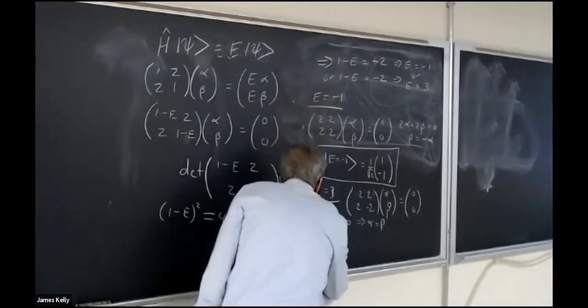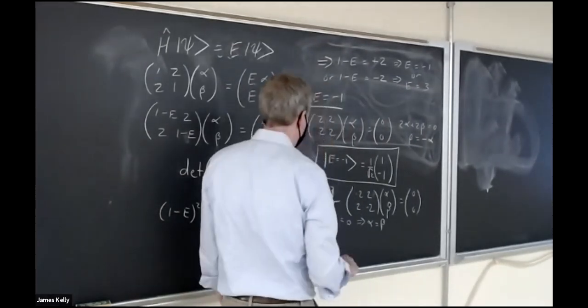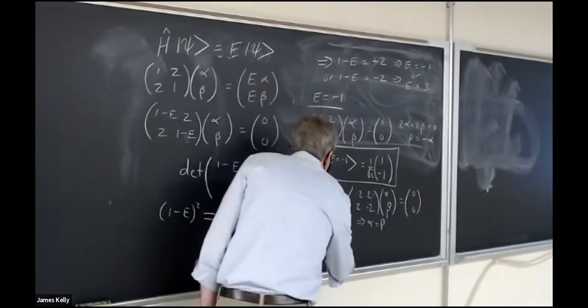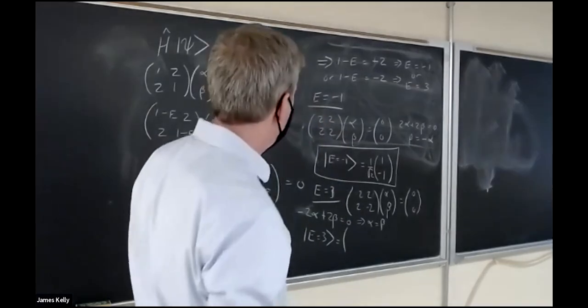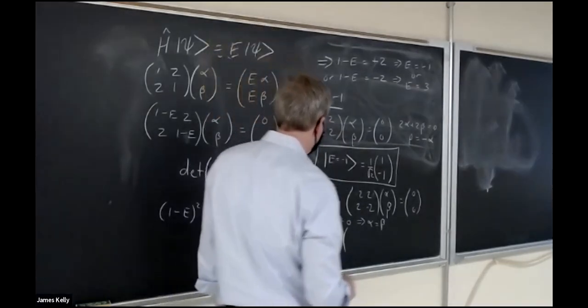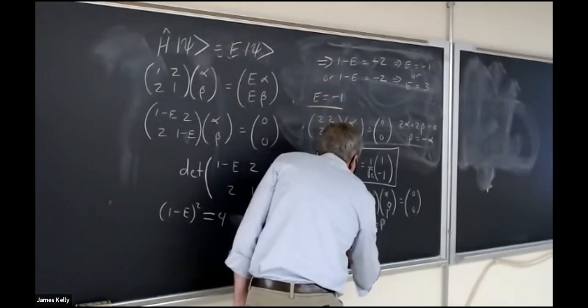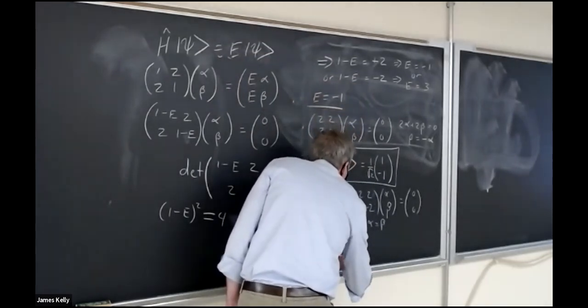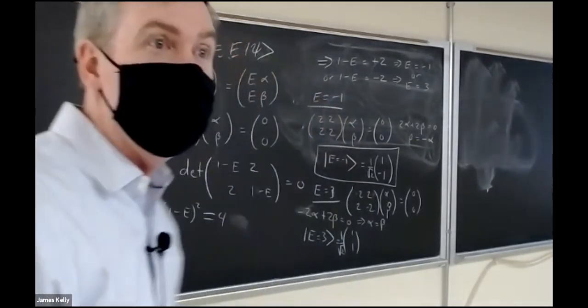Okay, and that means the corresponding eigenvector corresponding to E equals 3 can be represented by this 2-element column vector, which is 1, 1, and then I'm going to normalize by putting a 1 over root 2 out in front. So that's a normalized eigenvector.